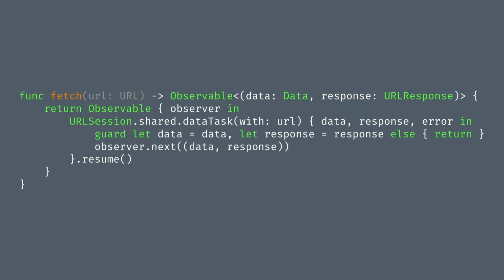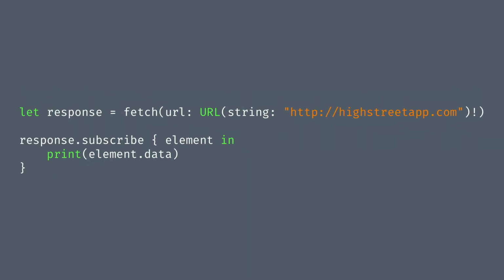So in this case, we're defining a method called fetch, and it will return an observable that for every observer that subscribes, it will start a data task on the URL session for the given URL, and then when it's done, using the completion handler, it will emit the data and the response to the observer. So we can use it like this. We can call fetch for a certain URL, and then subscribe to it and get the data and the response.